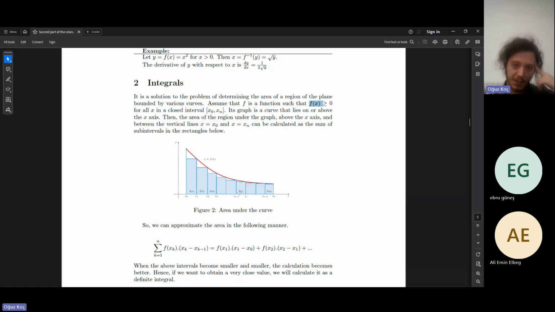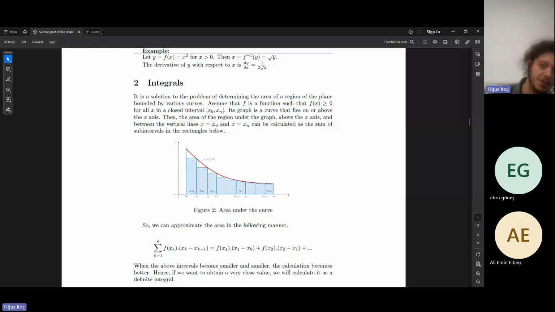We are talking about the figure in this. Then the area of the region under the graph, above the x-axis, and between the vertical lines x0 and xn. We talk about the borders x0 and xn, and also the border of the x-axis, and also the bound of the curve, which is our function.